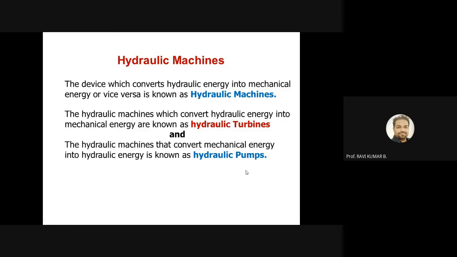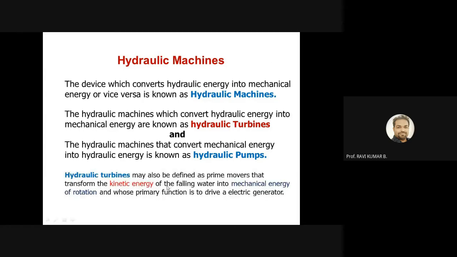Then you can further define the hydraulic turbine in such a way that a hydraulic turbine may also be defined as a prime mover that converts kinetic energy of the fluid into mechanical energy by rotating, which may be utilized to convert into electrical energy.